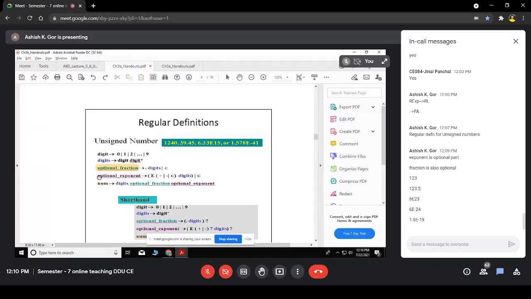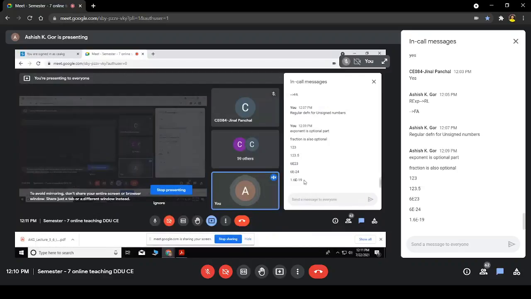In the same way as fraction, exponent is also optional. So how to write an optional exponent part? How to define it? Either it could be null, or if you want to take an exponent, then the sign is E, just like here, E. Again, there are two things.